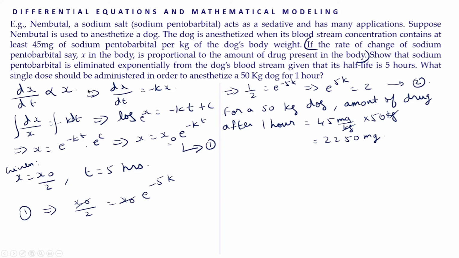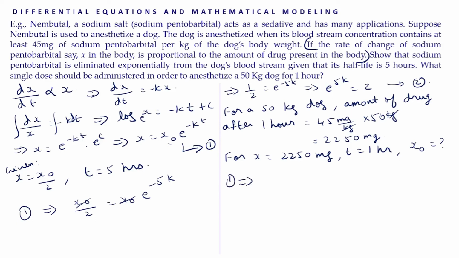And now it is asked what drug should be given initially to anesthetize this 50 kg dog for 1 hour. So for x equal to 2250 mg and t equal to 1 hour, we need to find x naught, that is the initial amount that has to be administered.